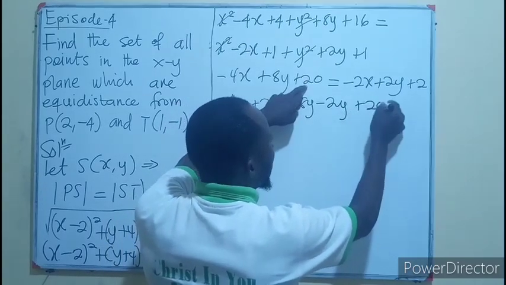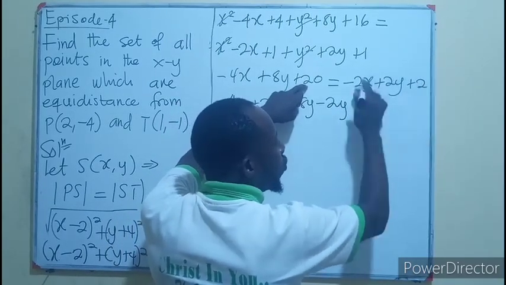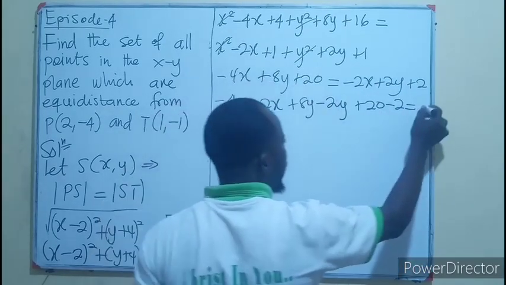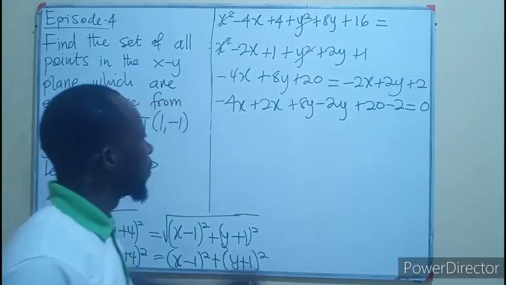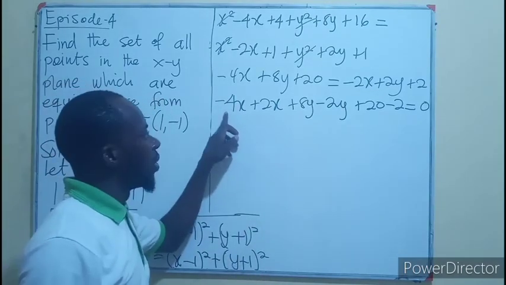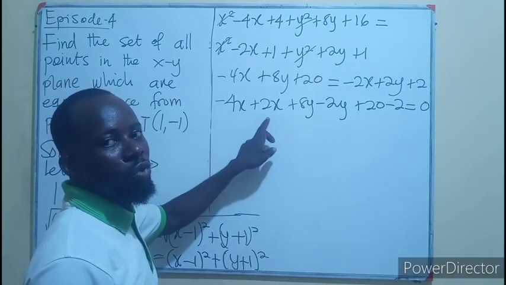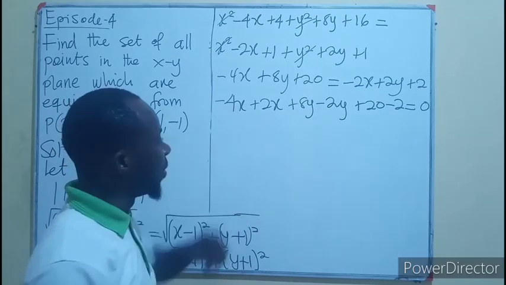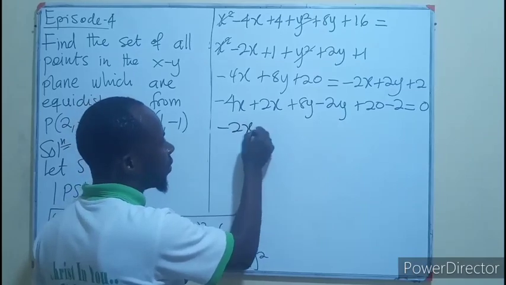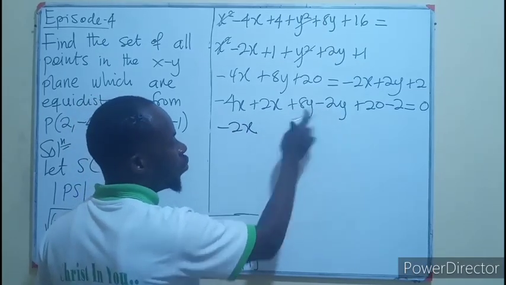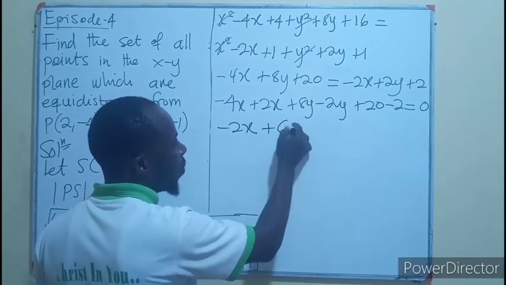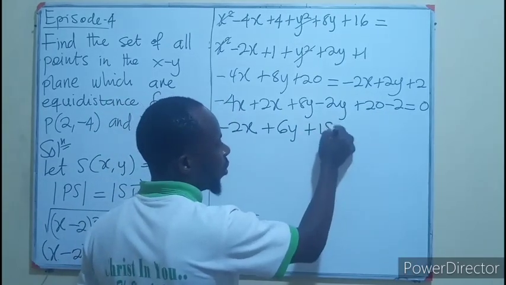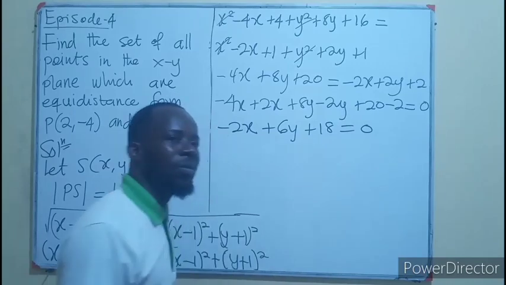Maintain your 20, then transpose a positive 2 to become negative 2. All these are gone, so we are left with only 0. This is going to be minus 4 plus 2. Since minus 4 is bigger than 2, the subtraction will give us a negative, and negative 2x. 8 minus 2 will be 6, then a y will come. 20 minus 2 will be 18 as positive, equals 0.